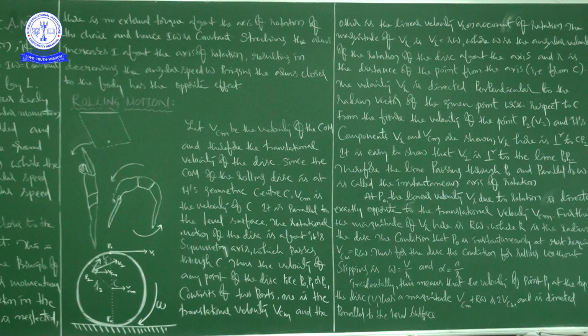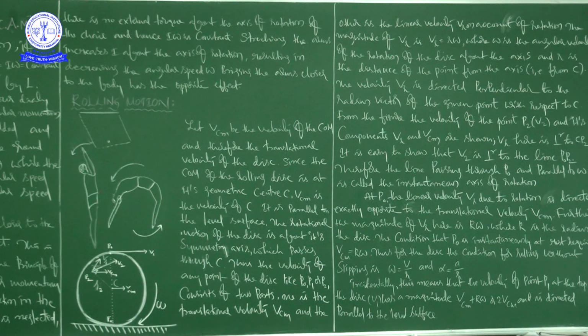Before starting this topic of rolling motion, I told you regarding pure rolling motion: at any instant of time, the bottom of the disc in contact with the surface is at rest on the surface. To satisfy this, V maximum should be equal to R omega.